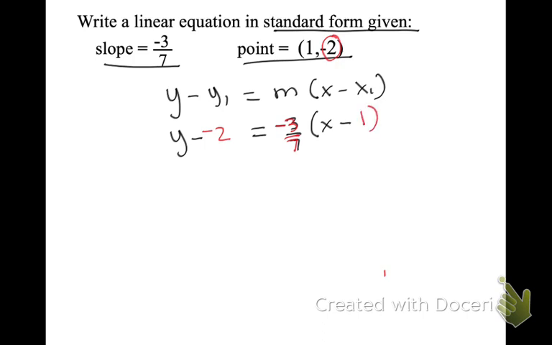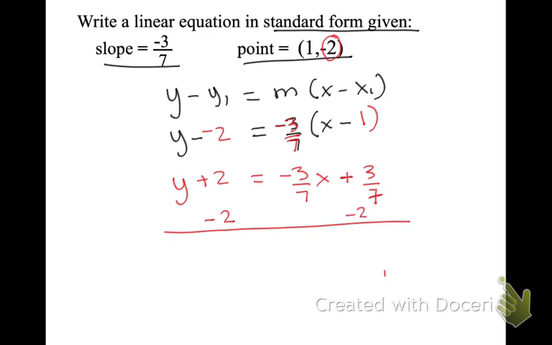Okay? Now I'm going to just distribute it. Get the y alone, move the x over. y plus 2 equals negative 3/7 x plus 3/7. Okay? Now I have to subtract 2 from both sides.